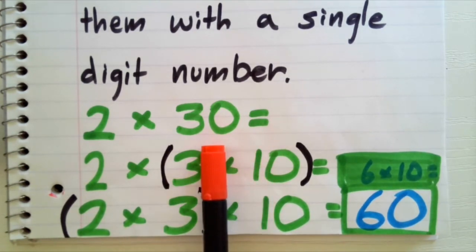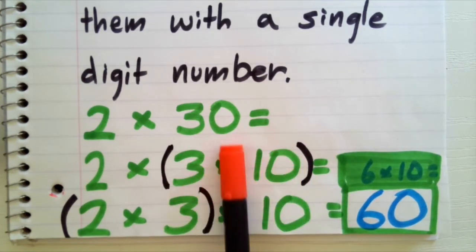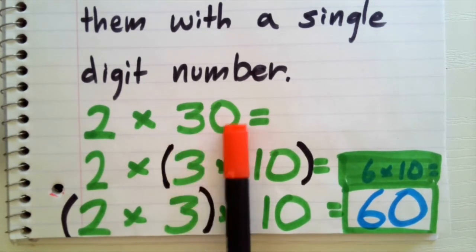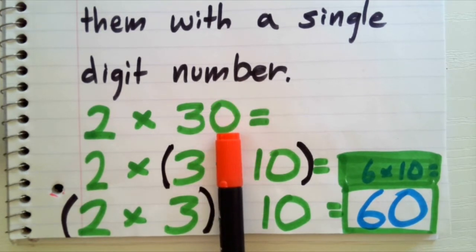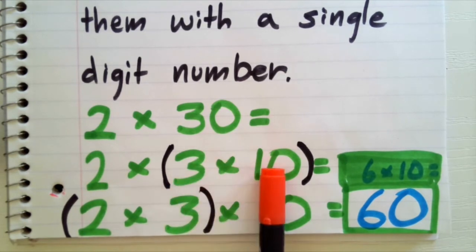Remember when we looked at the place value chart and we learned that multiplying a single digit by 10 moves it from the ones place to the tens place, and then we put a 0 in the ones place where there's an empty space? So 30 is just 3 tens, or 3 times 10.